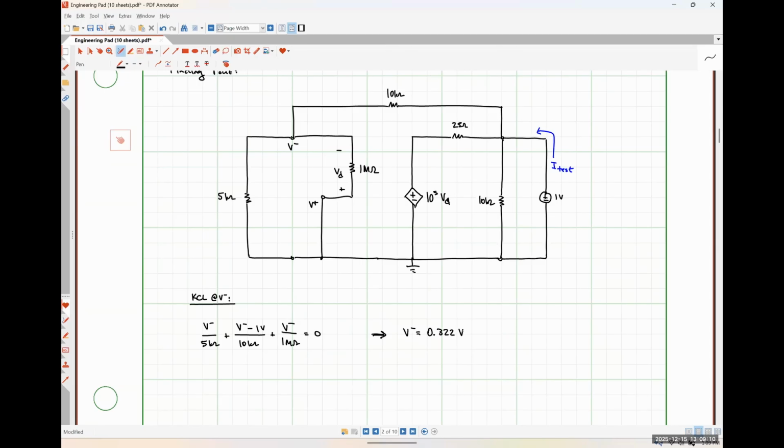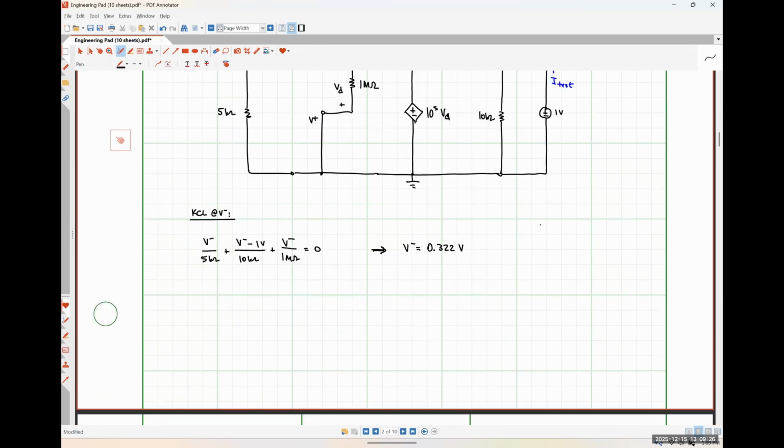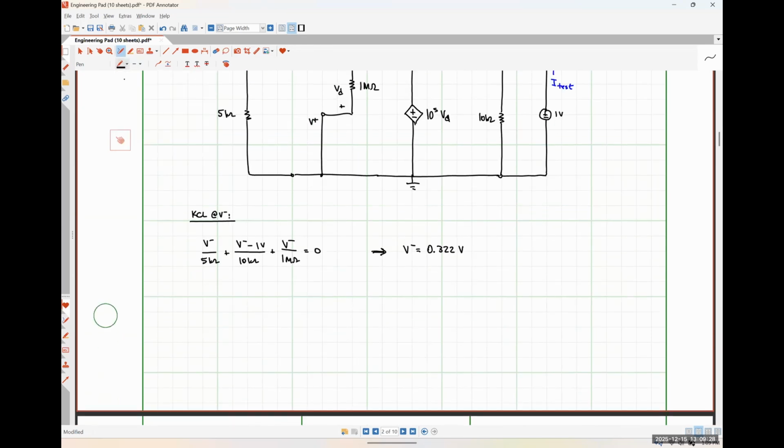Now that I know that result, I can apply KCL at the output node to solve for I test, where the current flowing in I test will be equal to the sum of the currents flowing out, which will all be expressed in terms of things we know. Okay. So let me just write KCL at output.